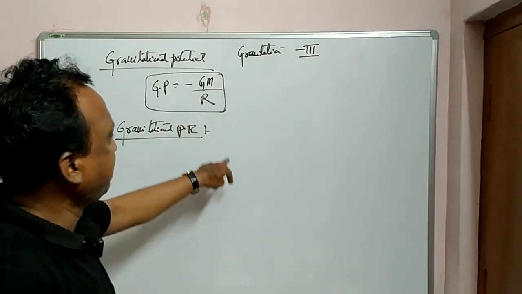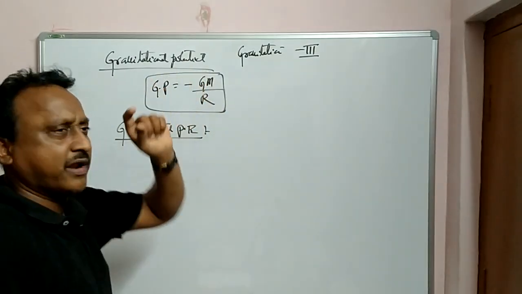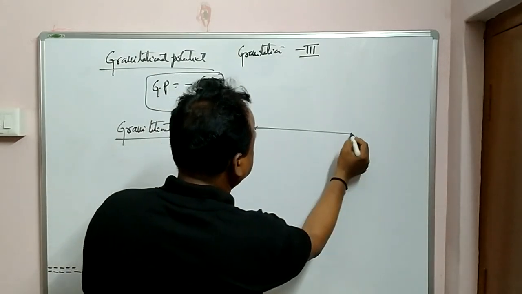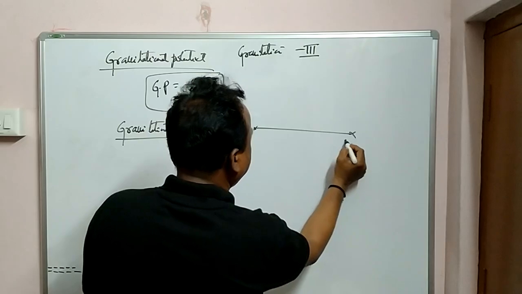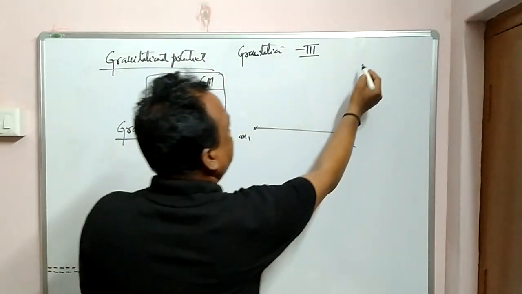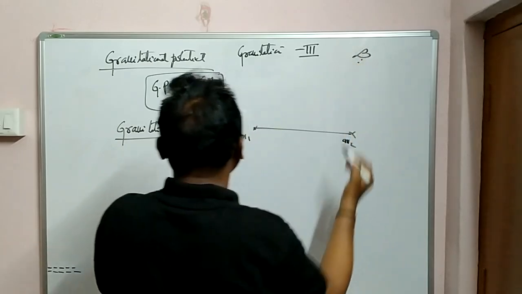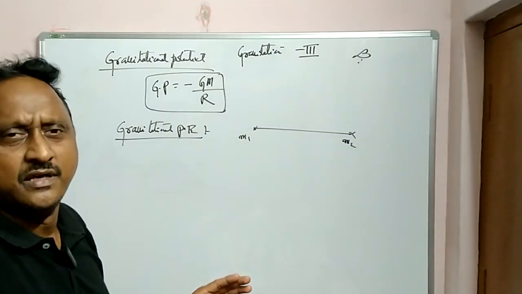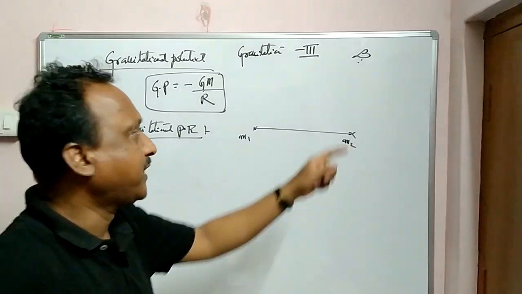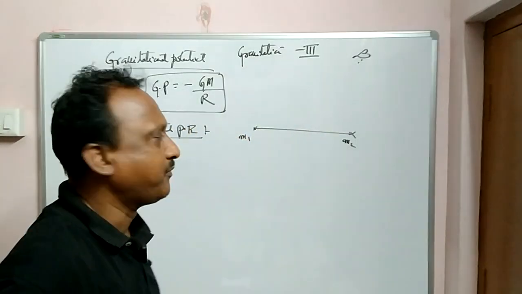So what is the difference between these two? Here only one mass is considered, and here we will consider two masses, m1 and m2. From infinity we have to do some work to bring the masses m1 and m2.